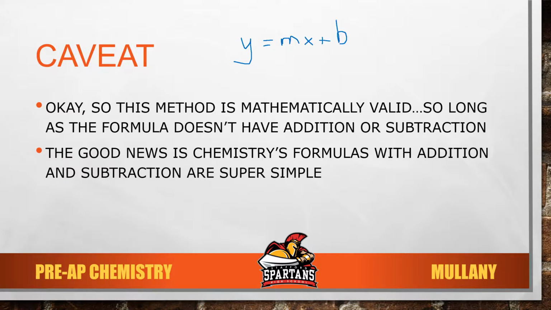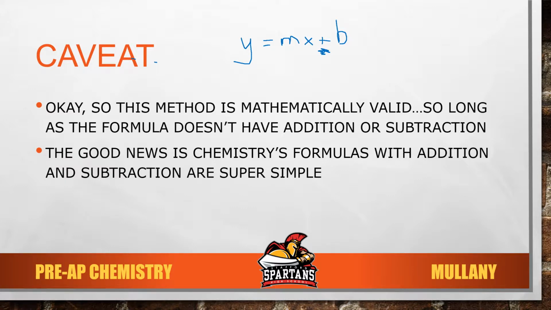But for today's lesson, I want to keep things simple and uncomplicated. So I will teach you how to do it if there's not a plus or a minus, because pretty much all of chemistry's formulas do not have a plus or minus in them.